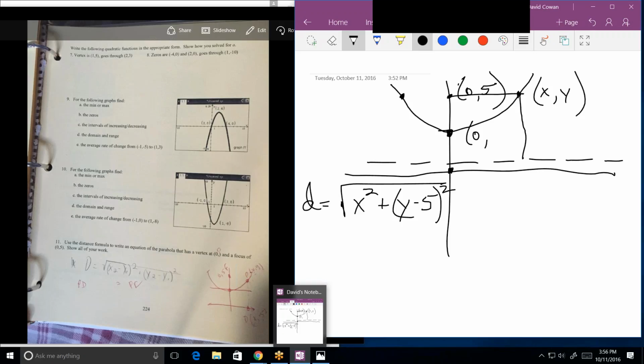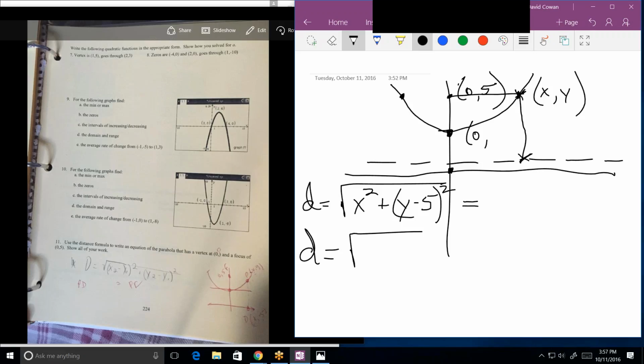Well, I also have, what is the distance from that vertically to the directrix? Is that double? No, it's the same. Let's start off with that.